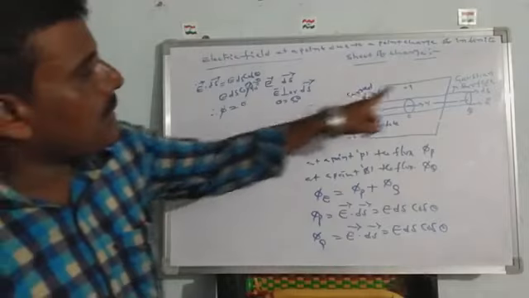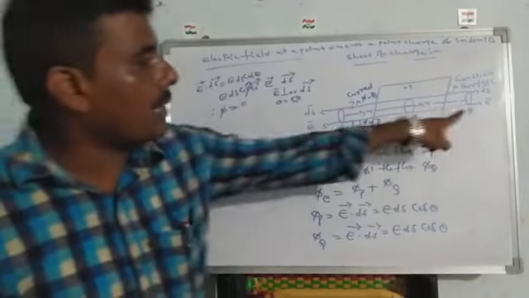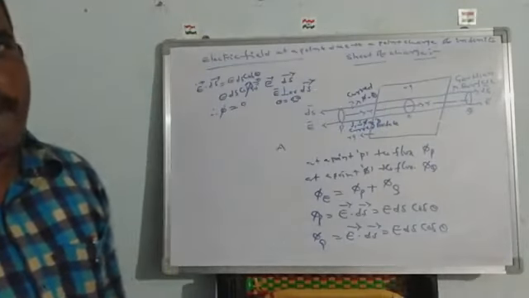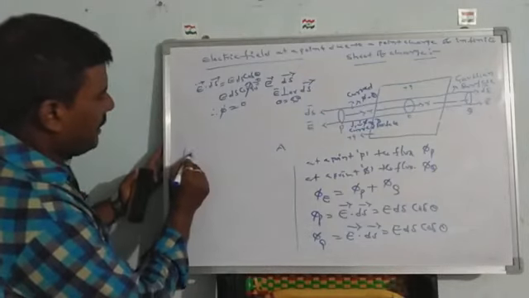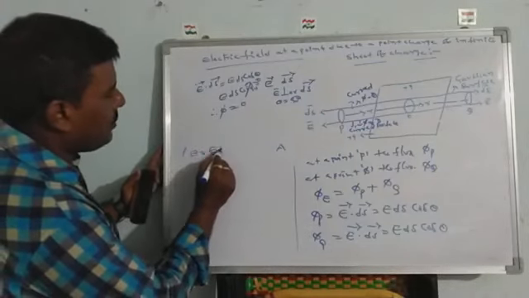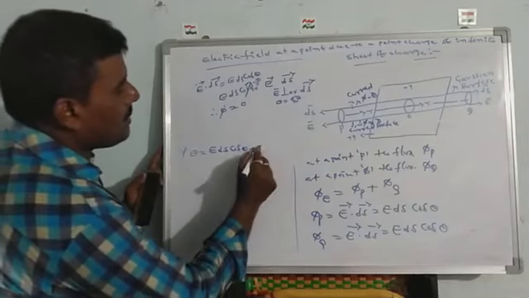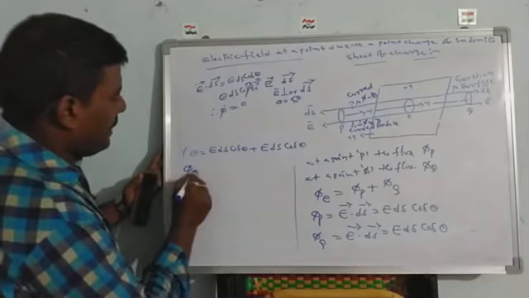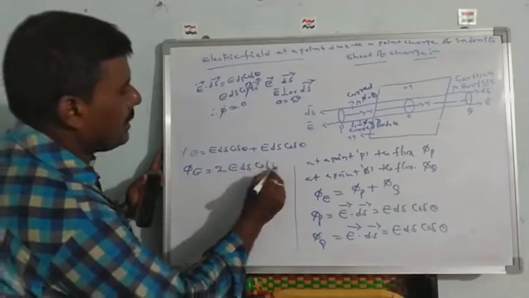Both have the same elemental areas and the same electric field due to a positive charge. So total flux phi E equals E ds cos theta plus E ds cos theta, that is phi E equals 2 E ds cos theta.